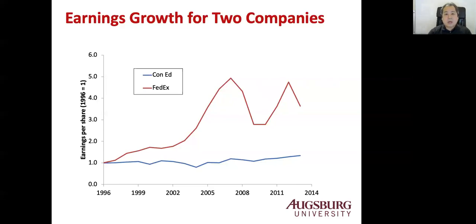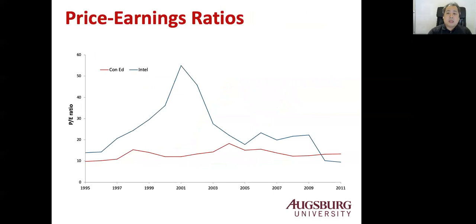You see the earnings growth for two companies, Conad and FedEx. FedEx earnings growth is actually very volatile, while Conad is relatively stable. And if you look at this, the PE ratio is quite different.